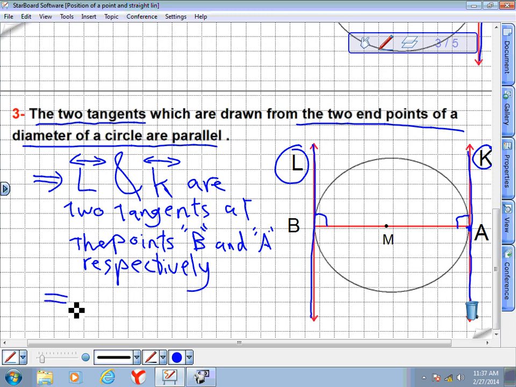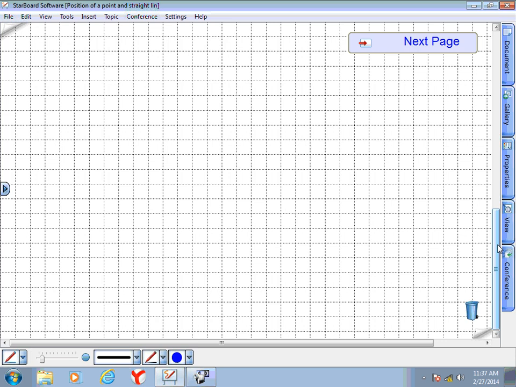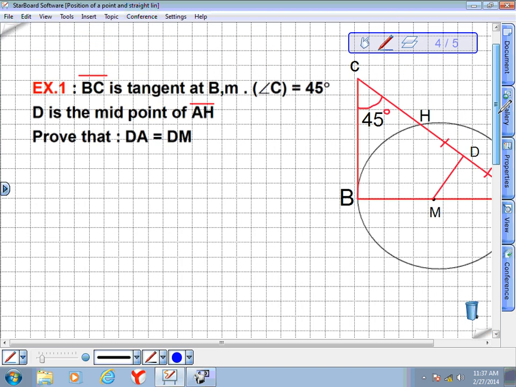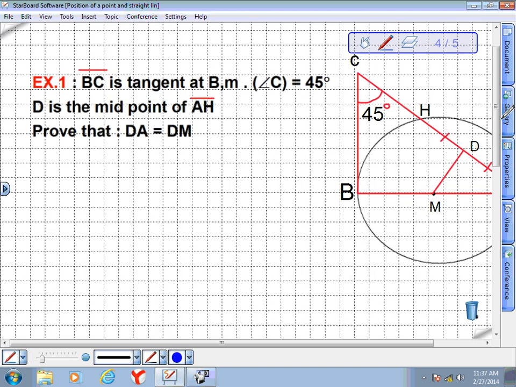So L will be parallel to the straight line K. And now we have finished all the facts about this lesson. Now we will start with the first example here.